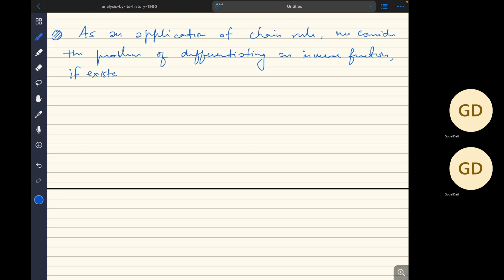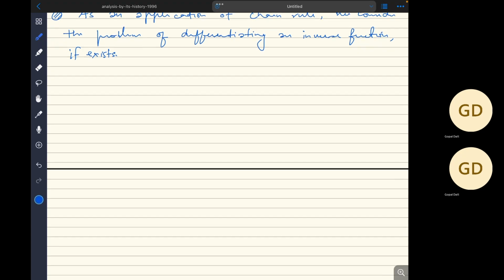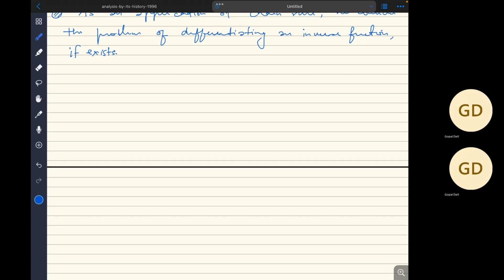Okay, so recall this situation in single variable real analysis.